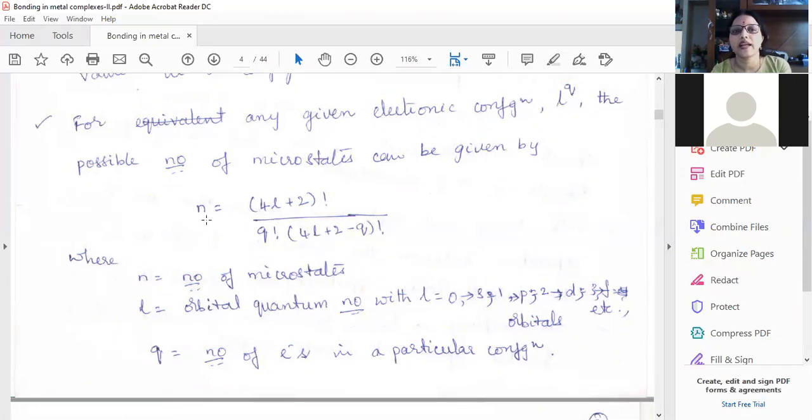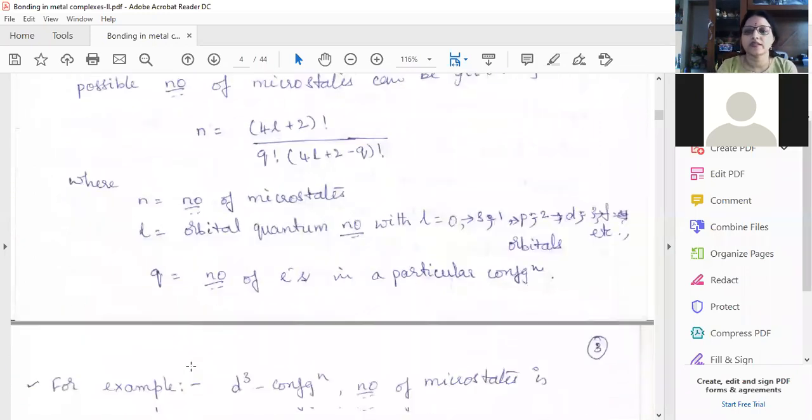Now, how to calculate the number of microstates for each configuration? You can use this formula: (4l plus 2) factorial divided by q factorial times (4l plus 2 minus q) factorial. What you get is the number of microstates. l is the orbital quantum number, and q is the number of electrons.